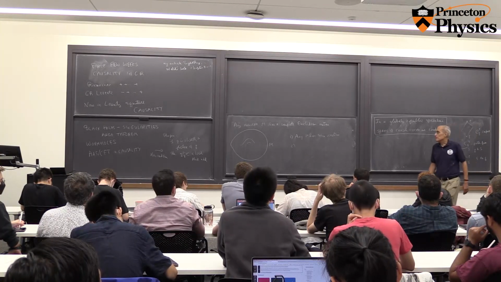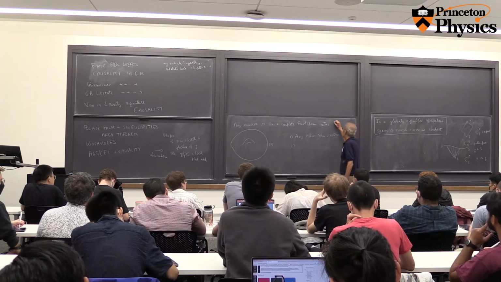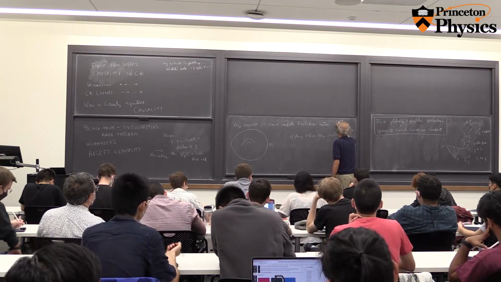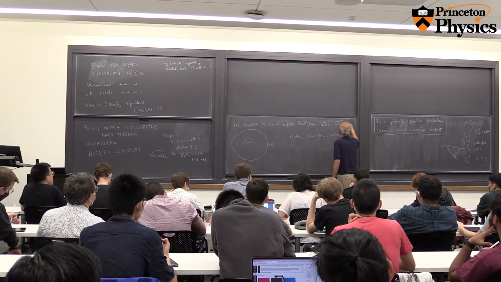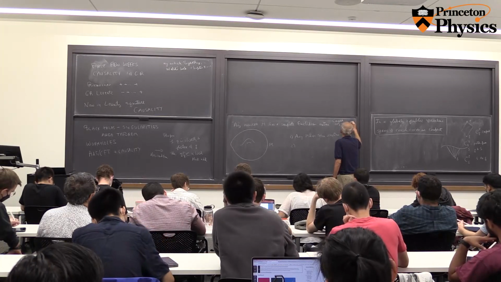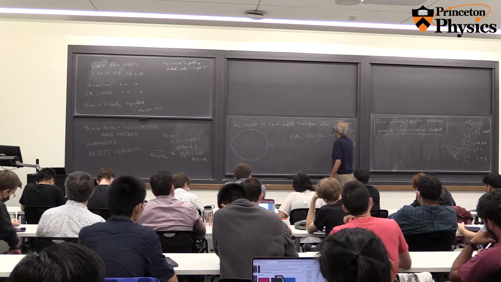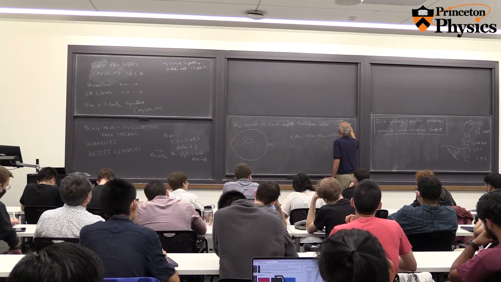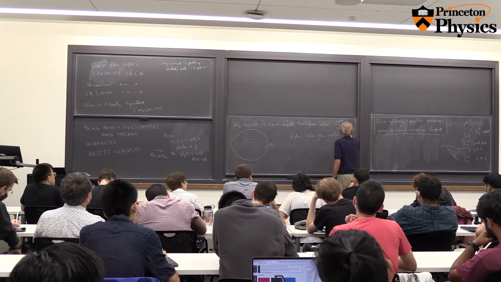So what does complete mean? A complete Riemannian metric means that every geodesic can be extended to have infinite length in both directions.